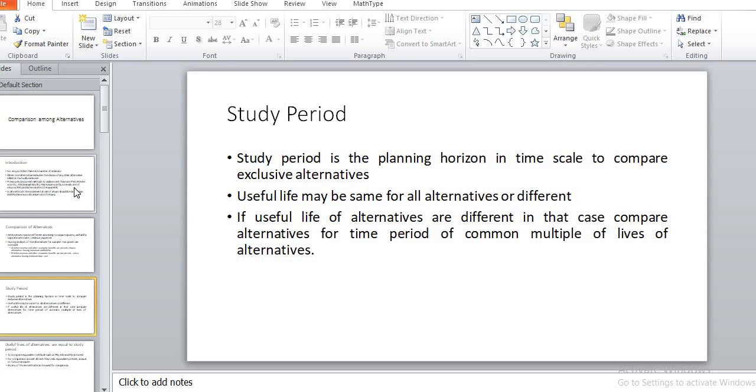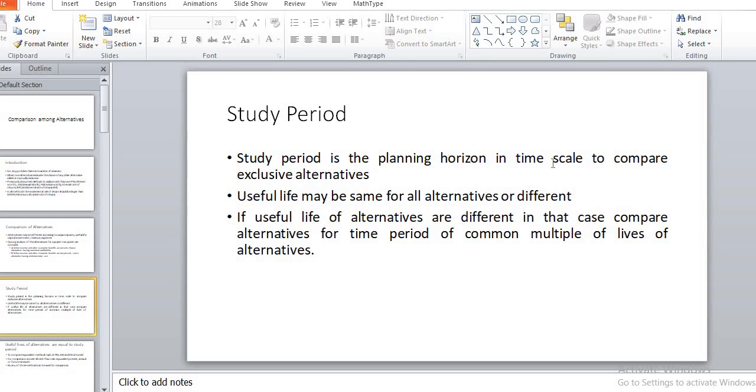If the lifespans of the projects are different, we consider it an unequal life period, or unequal lifespan. These are discussed in this slide.